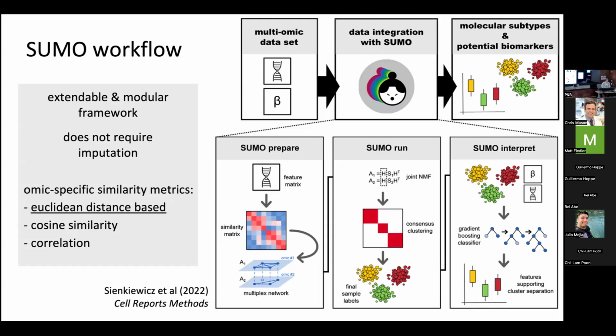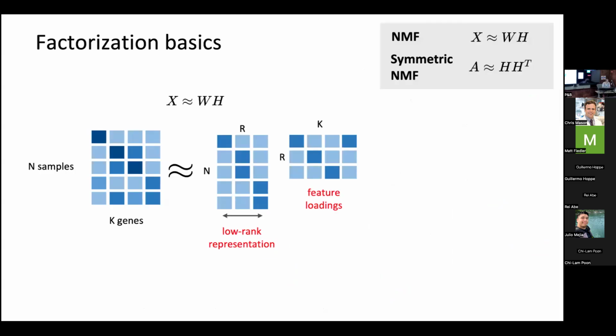In this particular model, the way it works is it uses matrix factorization, specifically non-negative matrix factorization. So here is the algebra, but it's going to be quick and easy. What we are starting with, let's imagine, is our gene expression matrix on the left side, and we want to find our low rank representation, which would be the W matrix here, on the other side.